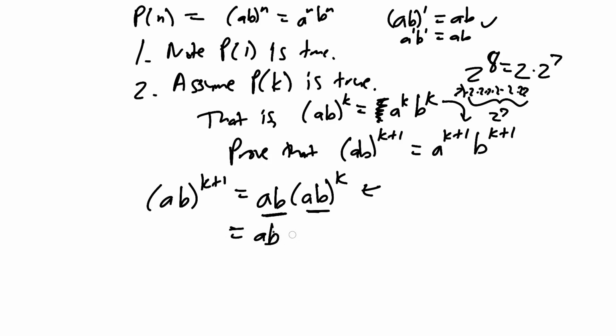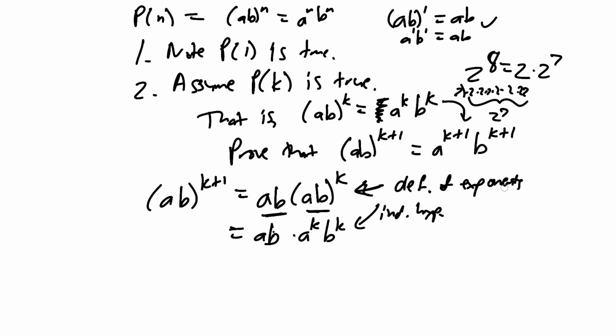Actually, no, not rearrange. We're going to assume that that's this, right? That is the inductive hypothesis right there at work. So we did this basically by just a property of exponents. That's just, in fact, the definition of exponents is how we know that ab to the k plus 1 is ab times ab to the k. This here is a totally unwarranted conclusion.